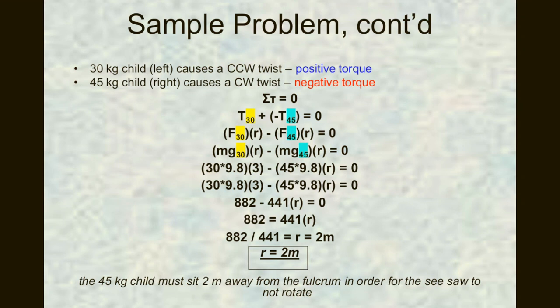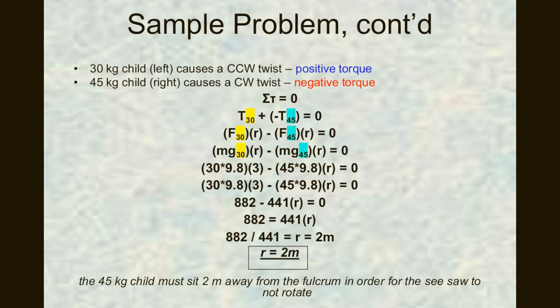So punch those in your calculator. On the left-hand side, it becomes 882, and that is minus 441 times R. So it's equal to 0. Well, we want to go ahead and solve for R, so we need to get one of those on either side. And in this case, you can do whatever you like.